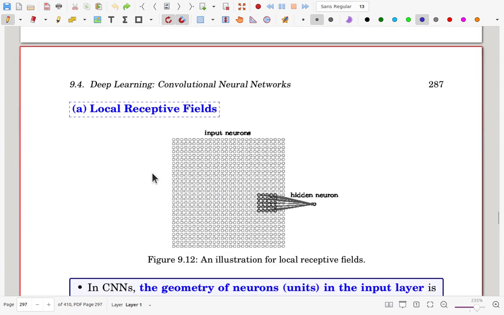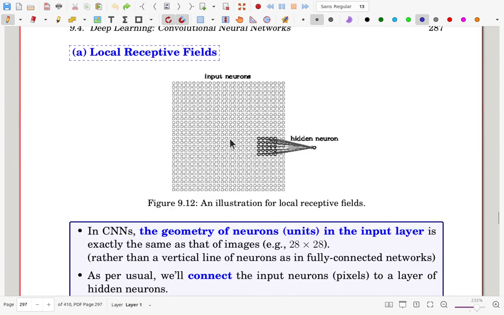Local receptive fields. Okay, this is the input layer. Rather than a long vector, we put neurons, the units, in this way, exactly the same way as for the images. So there are 28 by 28 input neurons, and here we'll have the first hidden layer, and the connection is given in this way.